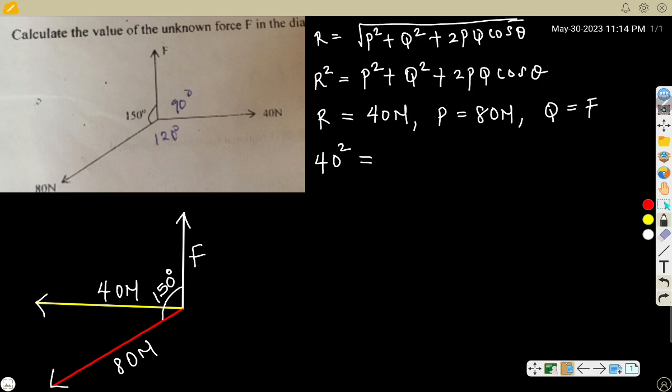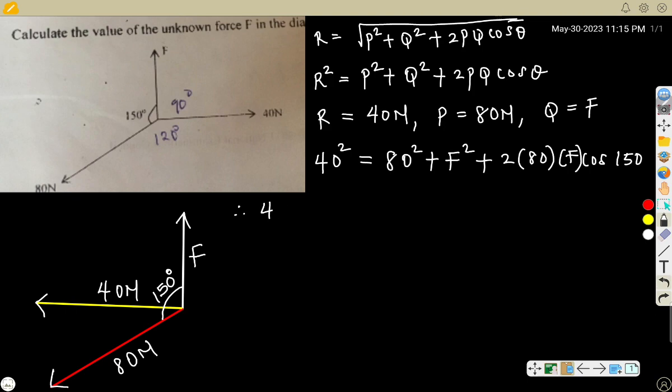So that's what I'm using now. 40 square is equal to p square, that is 80 square, plus F square, q square, plus 2pq, that is 2 times 80 times F cos 150.